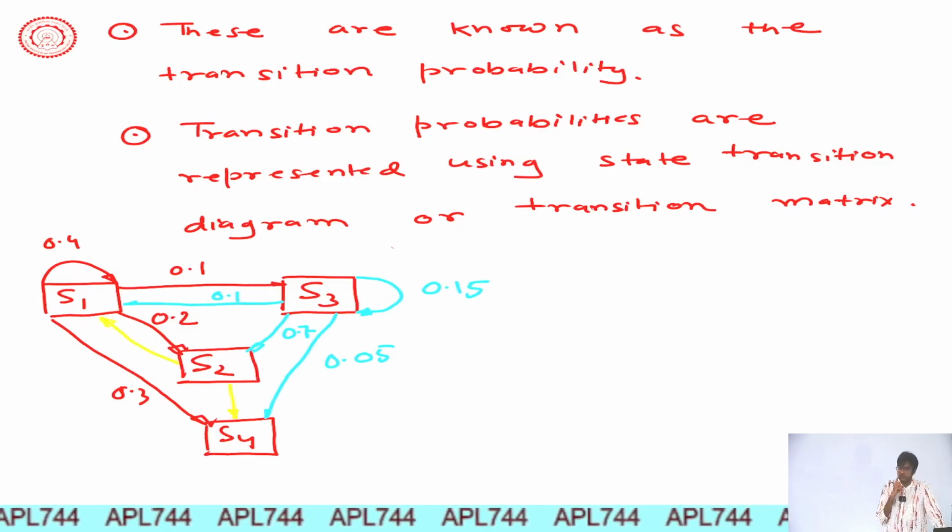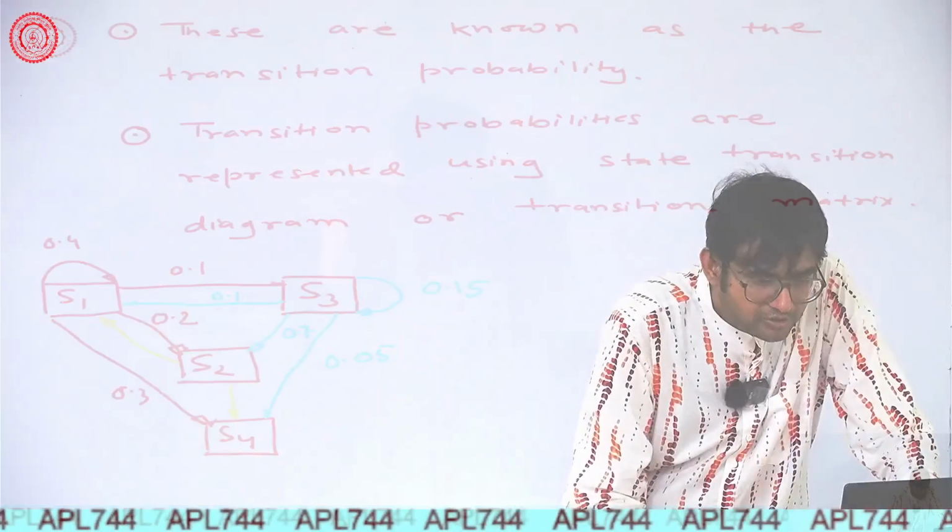So only two states you can go, from S2 to S4 and S2 to S1. So whatever arrow is missing, that means those are having zero probability of transition. So whatever probability is zero, you don't draw an arrow for that. That's the notation. Clear? So let's say this is equal to 0.5 and 0.5.